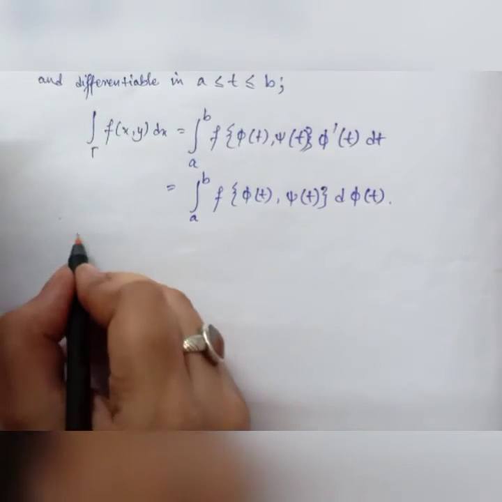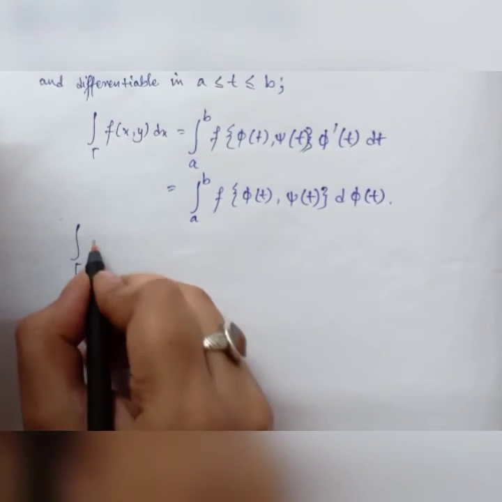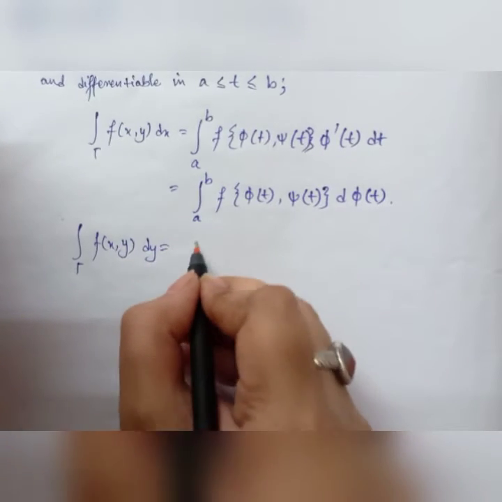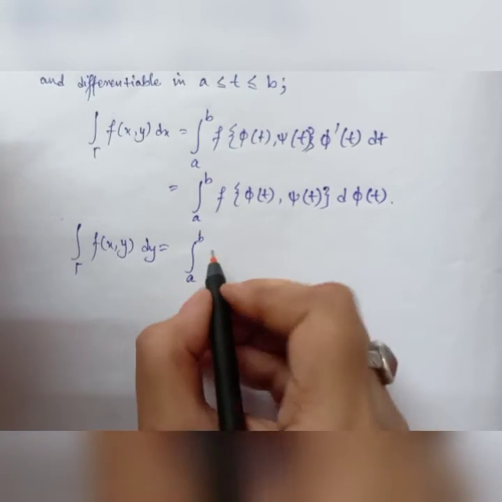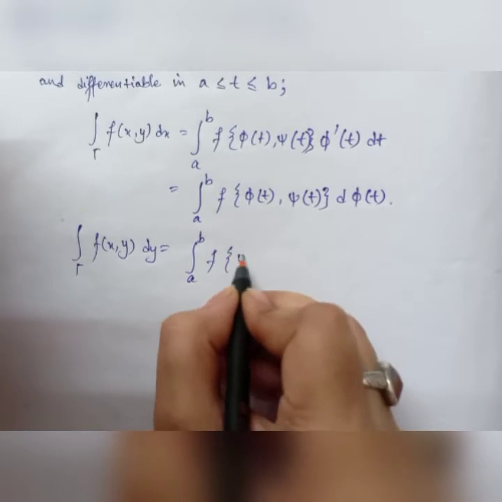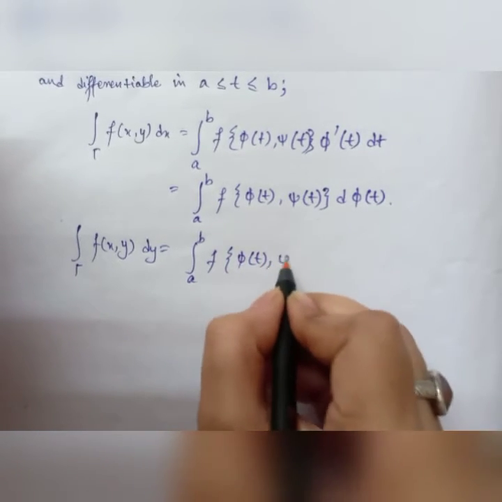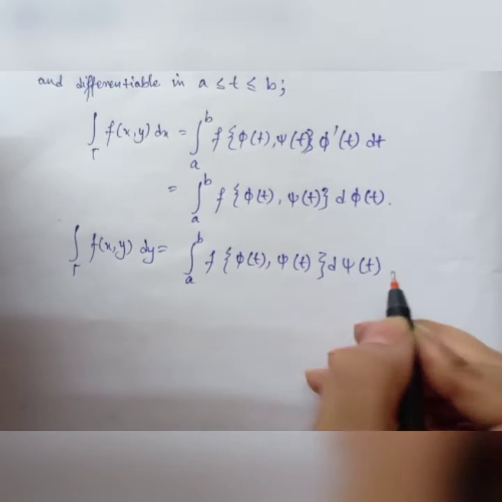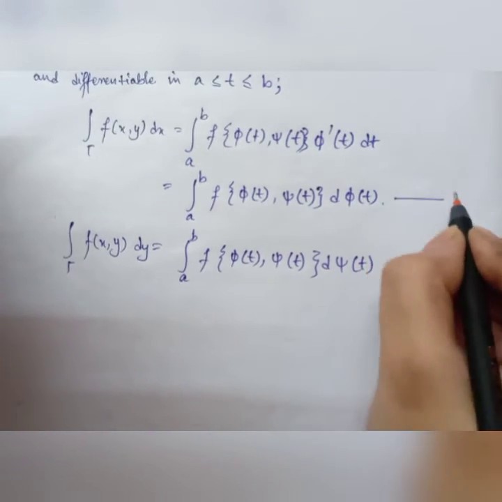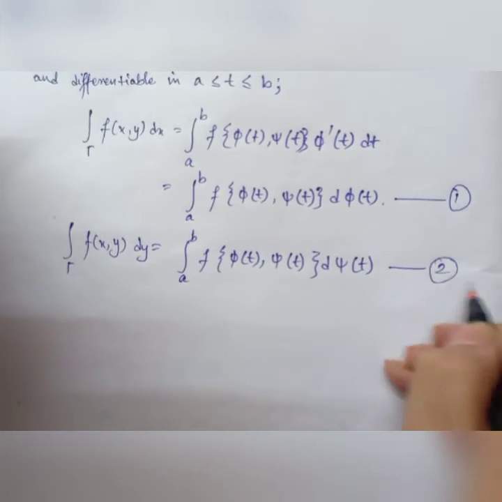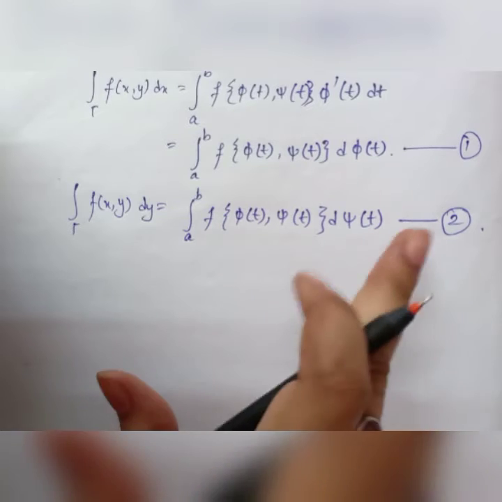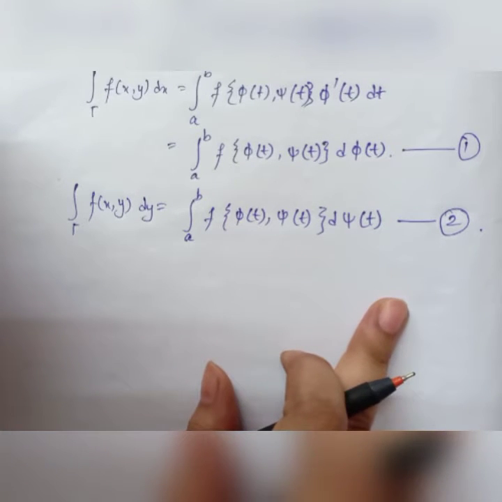Similarly integration f of xy dy equals integration a to b f of phi of t psi of t d psi t. We mark this as 1 and this as 2. So we shall apply these two results 1 and 2 in evaluating line integrals.